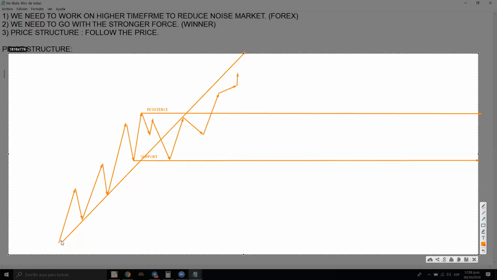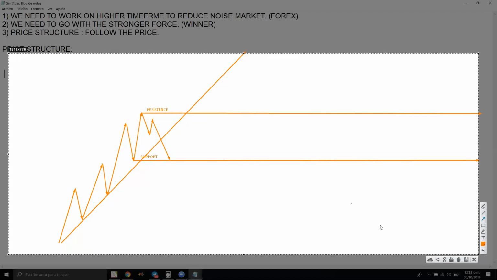Okay, and we just obtain the trend line from this angle. This is very important. We need confirmation, trend line, and the last support for an uptrend. This is the most common error in Forex when people don't respect the price structure. Okay, so this is very important.